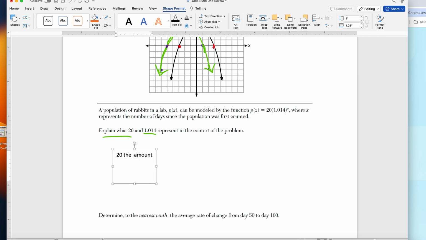The amount of rabbits that were in the original population.